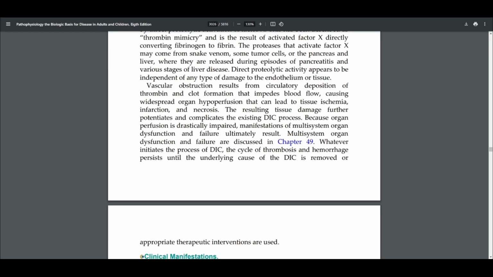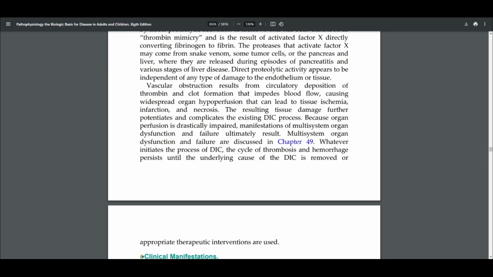Vascular obstruction results from circulatory deposition of thrombin and clot formation that impedes blood flow, causing widespread organ hypoperfusion that can lead to tissue ischemia, infarction, and necrosis. The resulting tissue damage further potentiates and complicates the existing DIC process.